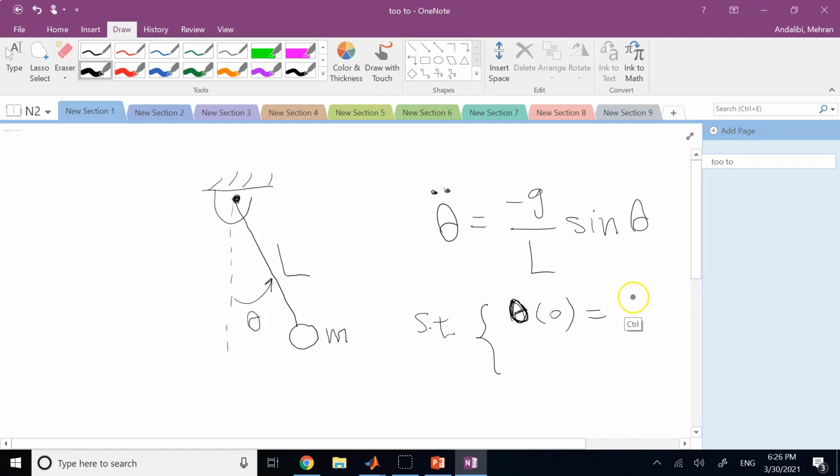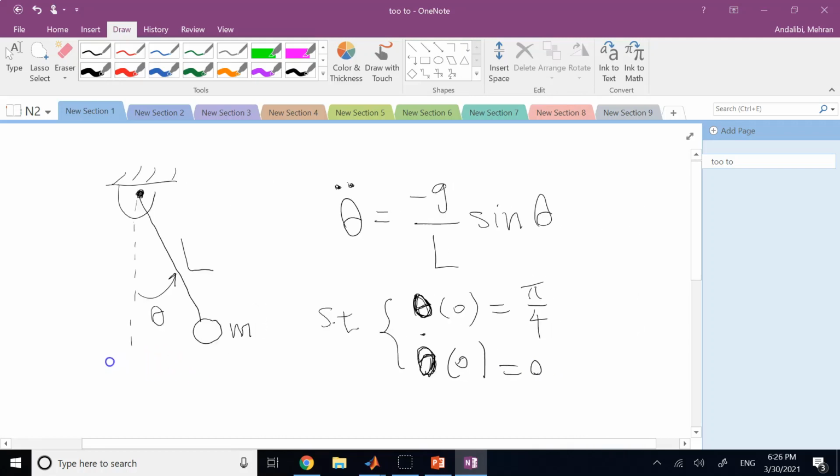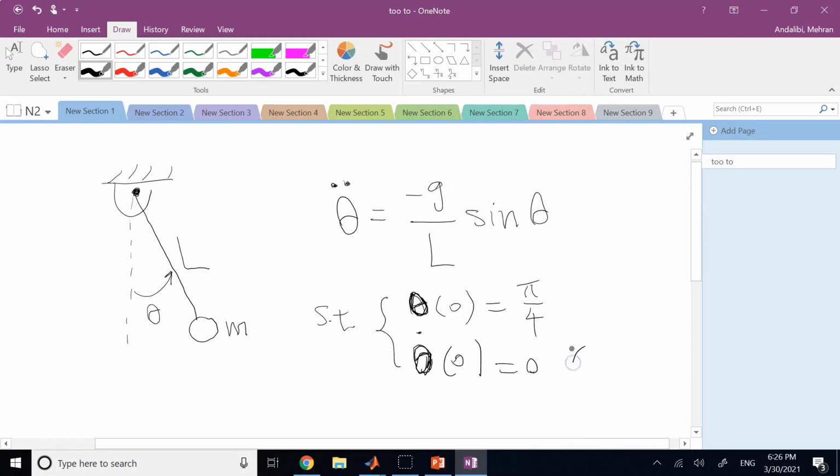Let me write it in radians. And let's say you release it from rest. So theta dot at 0 is 0. So you bring it to a 45-degree angle and release it from rest. Correct? This is in radians per second, and this is in radians.